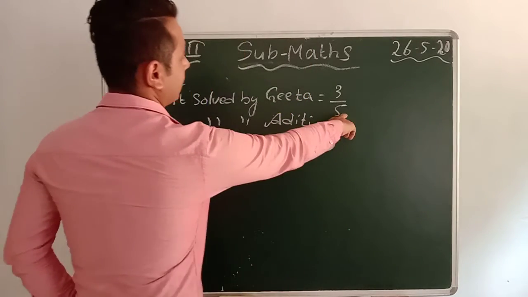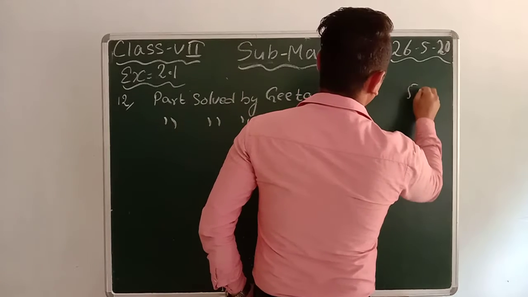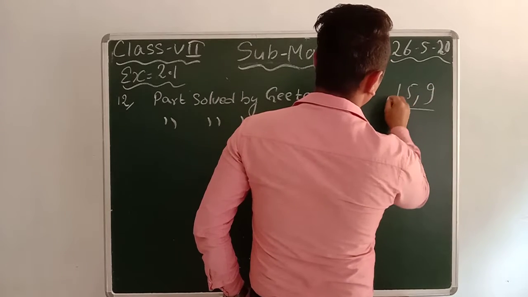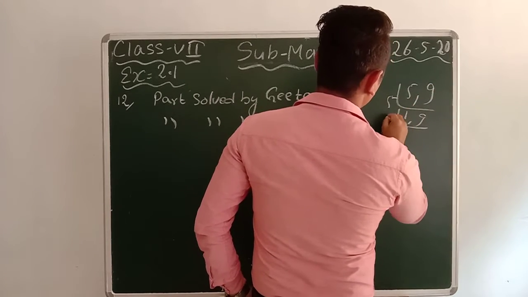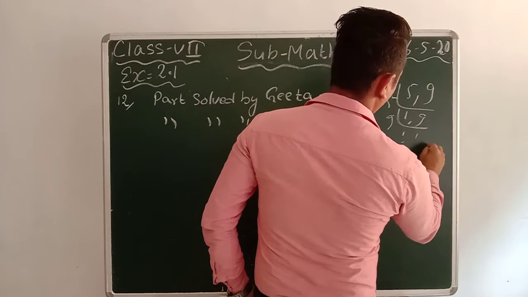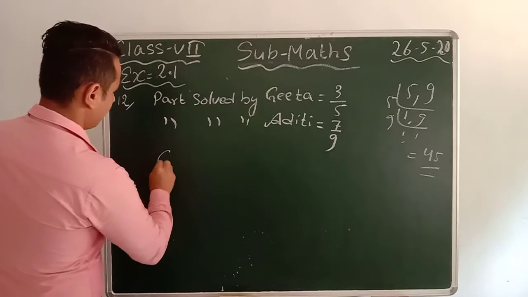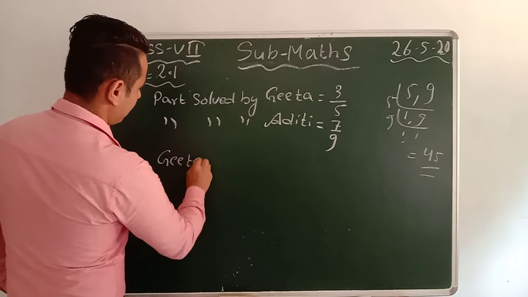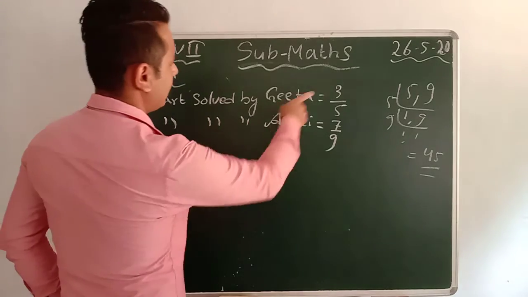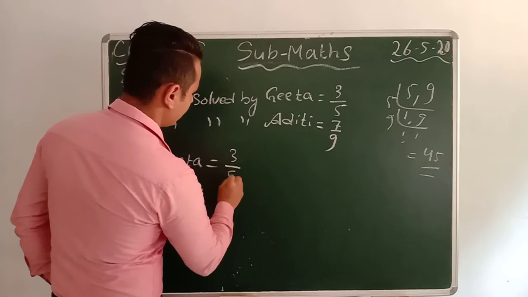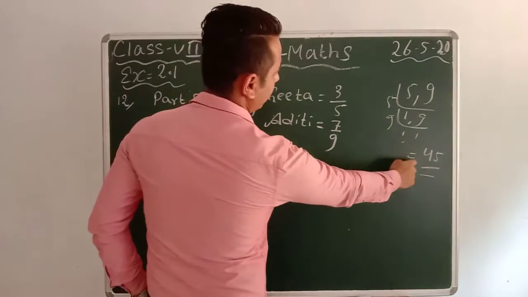Now let's take the LCM of 5 and 9. So the LCM of 5 and 9 is 45. For the part solved by Geeta, that is 3 by 5, what do we need to get 45? We need 9.